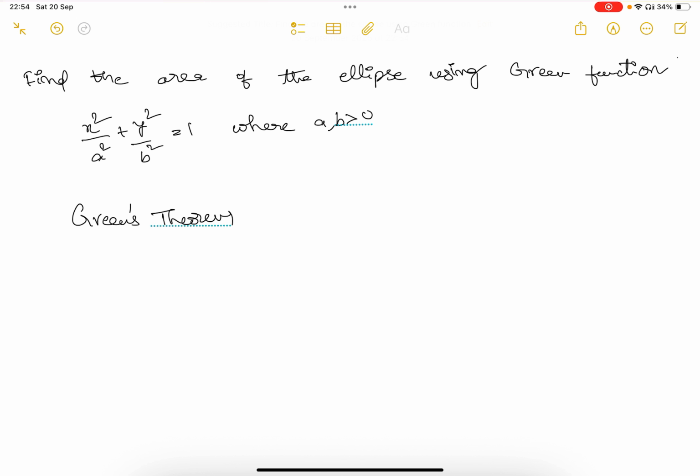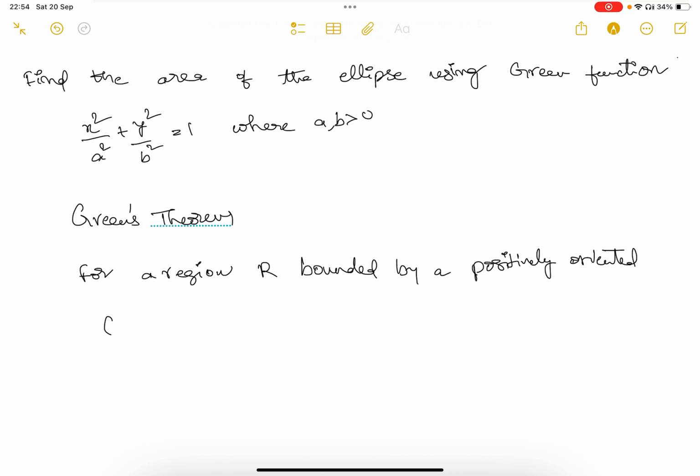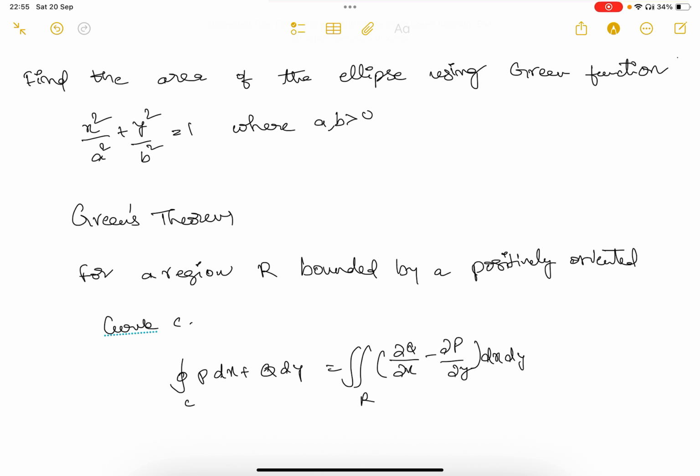Green's theorem for a region bounded by a positively oriented curve C. This will be: the integral of P dx plus Q dy is the double integral over this region R of dou Q by dou x minus dou P by dou y dx dy.